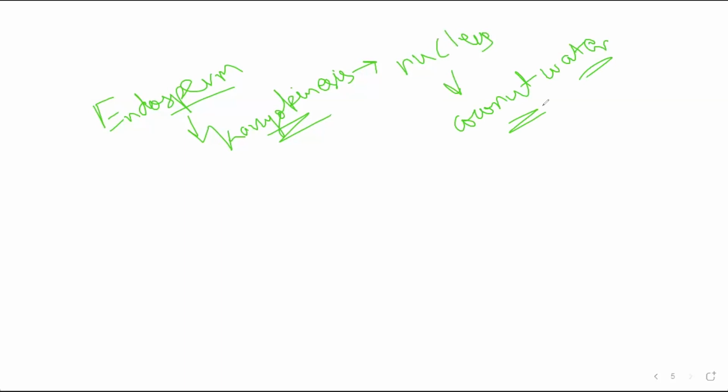So initially, when this endosperm starts dividing, it is only a multinucleated structure, right? And this multinucleated structure can be best understood with coconut water.